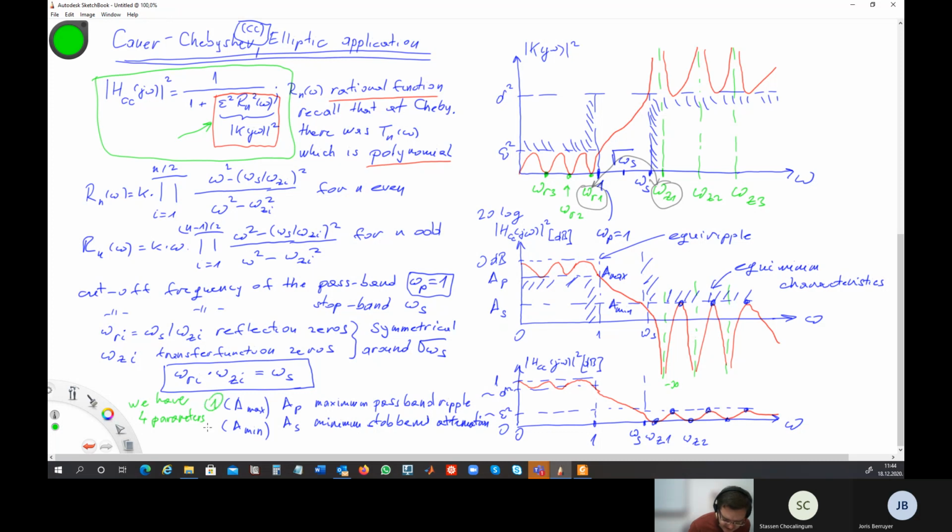These are A max, A min. The next one, which is very important, is omega S. It's the transient region width.